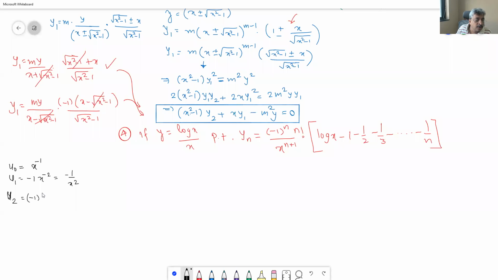Minus 1 into minus 2 into x raised to minus 3, which is equal to 1 into 2 into 1 upon x cube. What is u3? Minus 1 into minus 2 into minus 3 into x raised to minus 4, which is equal to minus of 1 into 2 into 3 into 1 upon x raised to 4.